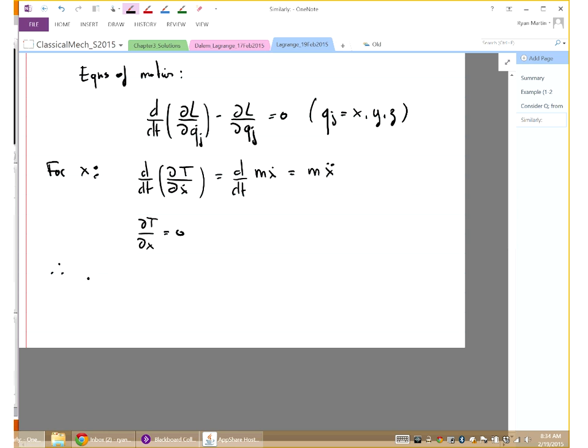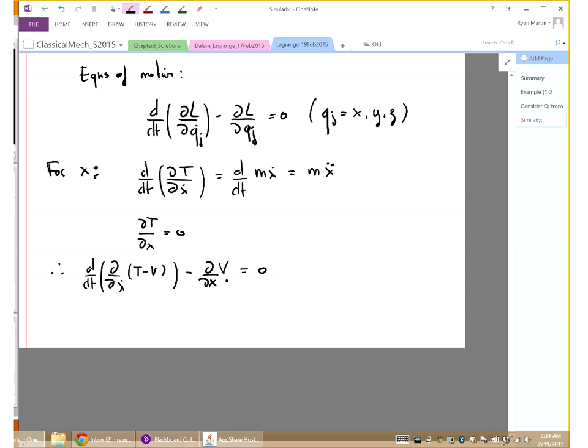And so if I plug it all in, I have d/dt of ∂/∂x dot of T minus V, minus ∂/∂x of T minus V, but in this case ∂/∂x of T is 0.